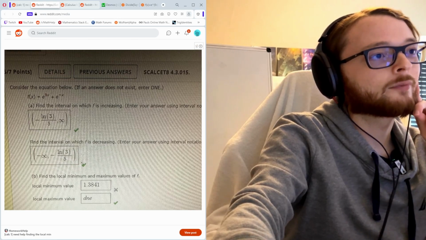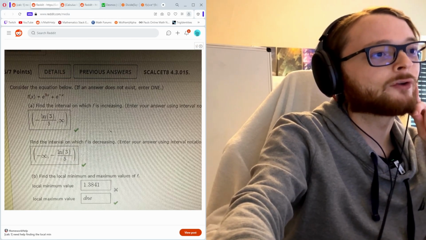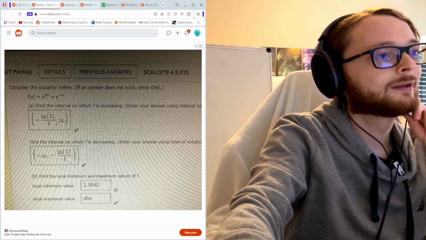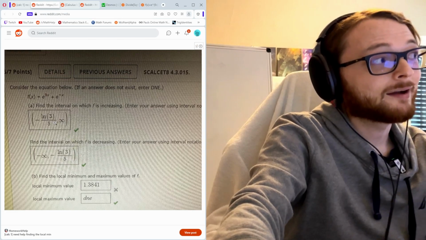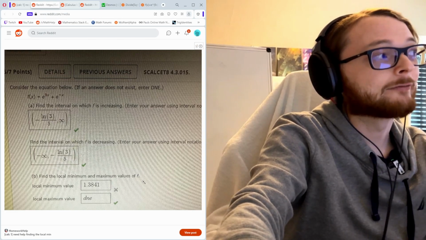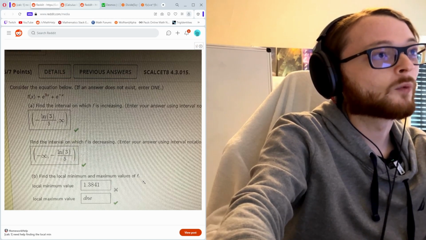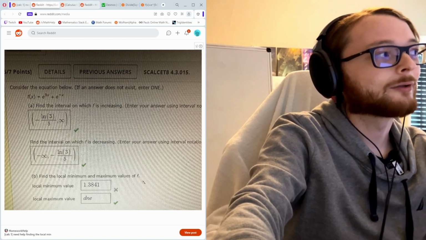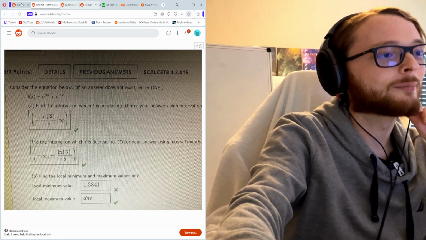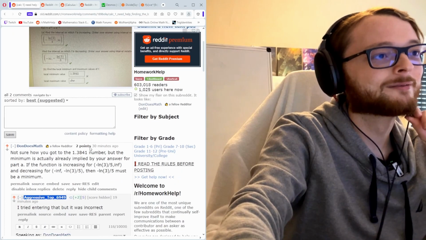And so I told them that they found the intervals of increase and decrease already, so this ln must be the minimum value. But I misread the question, and I didn't realize they wanted the actual value of f where the minimum occurs, not the x value of the minimum. So I gave them some bad advice, unfortunately.